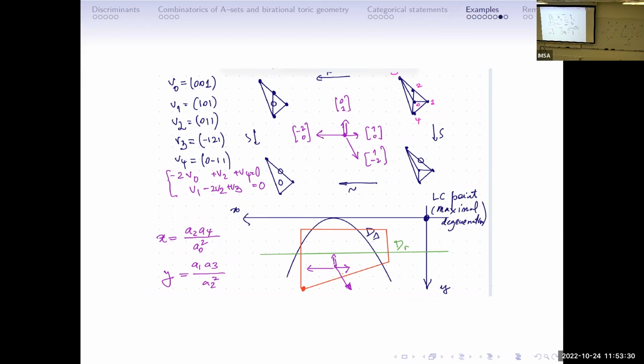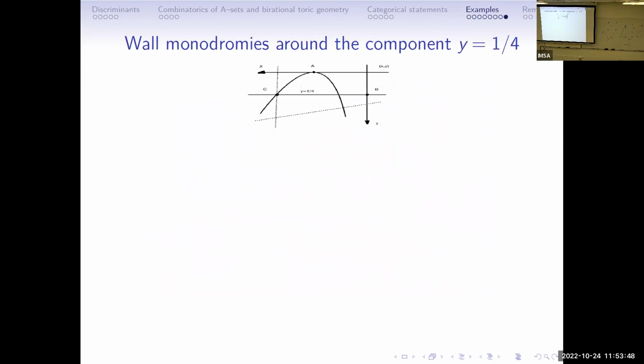That's a component corresponding to the big face. And then the component corresponding to the edge, I call this D gamma. And there is some geometry involved in this. So this is another way to picture it.